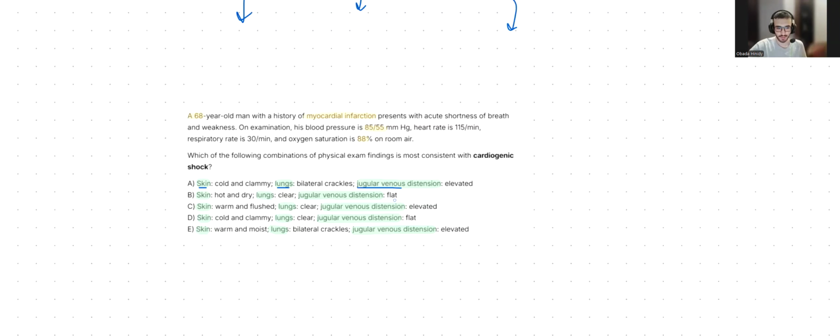So three body parts. What will we see in these body parts in physical examination? Okay, so let's talk about the skin in the beginning. So they are talking about cold and clammy, hot and dry, warm and flushed, etc. So they are talking about the temperature and the humidity of the skin.